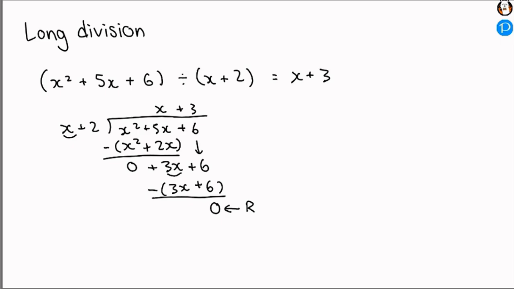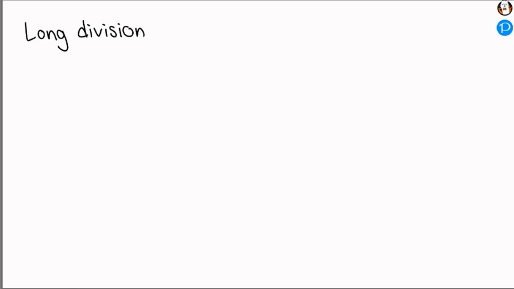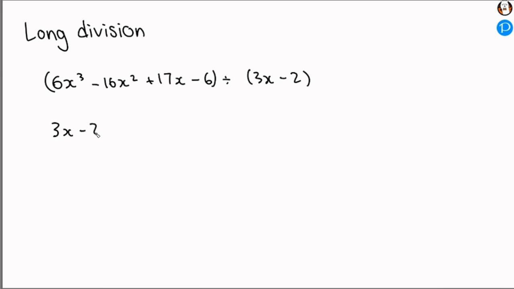Let's try a second example. 6x to the power of 3 minus 16x to the power of 2 plus 17x minus 6, all divided by 3x minus 2. Put the 3x minus 2 on the outside.